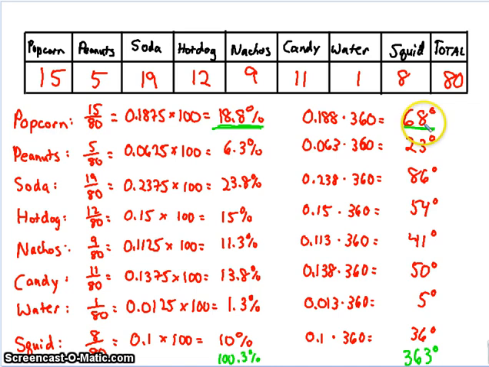So I'm going to do that again real quick. 0.188 times 360. I get 67.68. So instead, I'm going to write 67. Okay, for this one, I'm going to write 85.